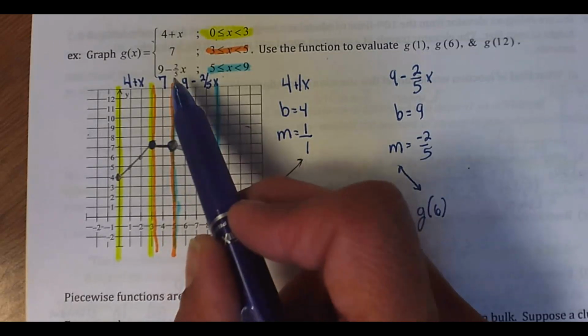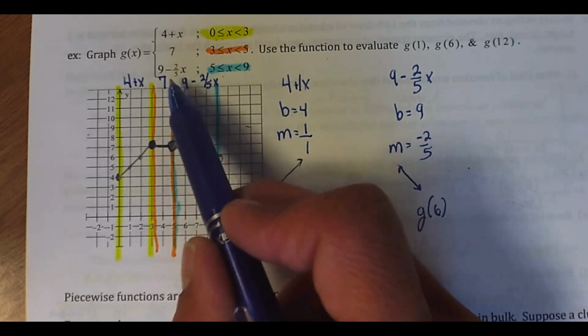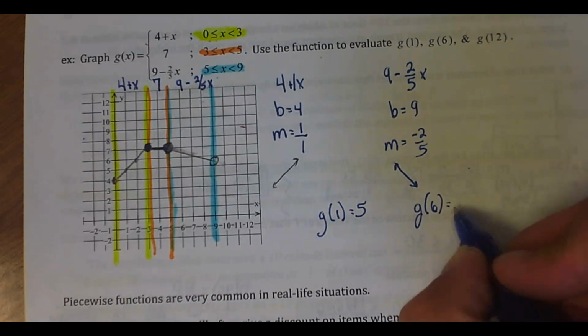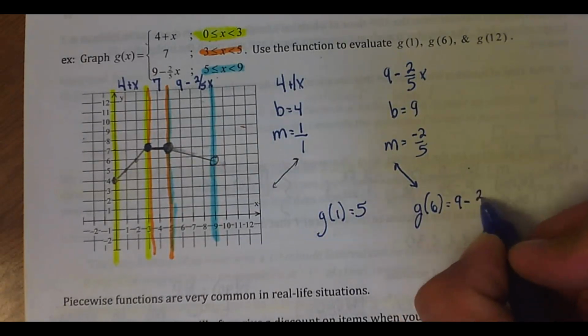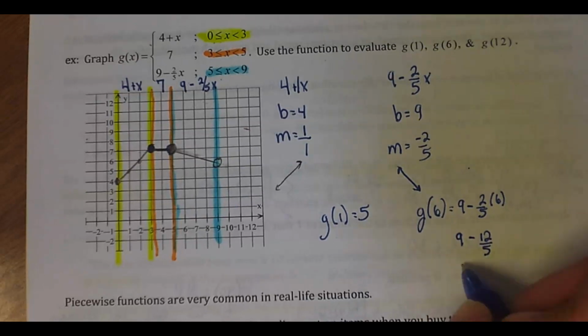But the other option is I could go here and do 9 minus 2/5 times 6. So let's get exact. So I'll do 9 minus 2/5 times 6. That becomes 9 minus 12 over 5. As a mixed number, 5 goes into 12 twice. It's 2 and 2/5.